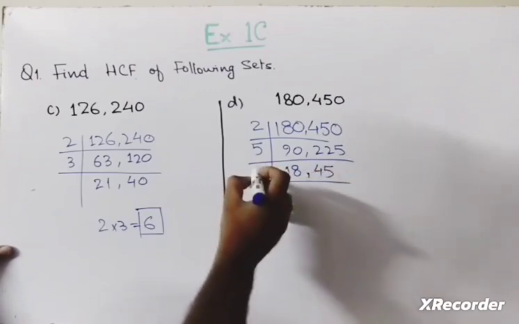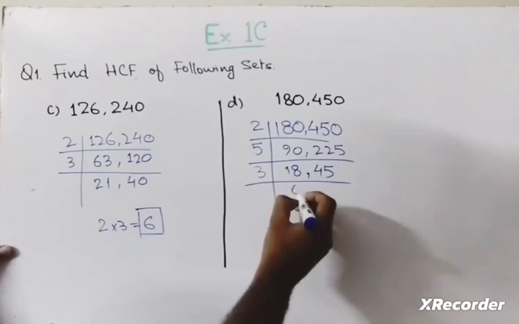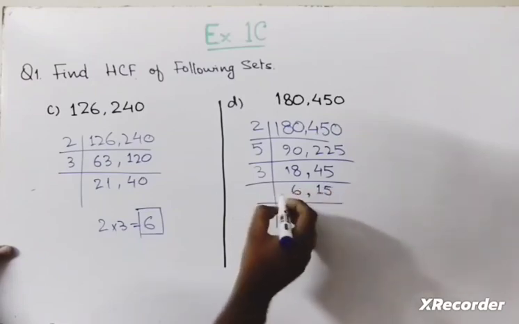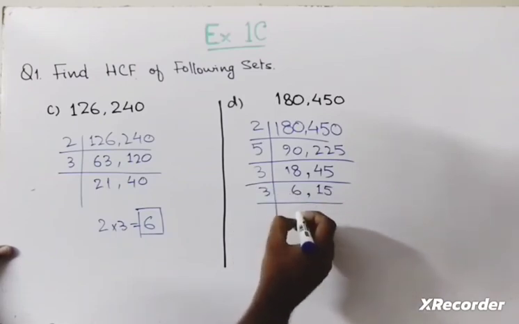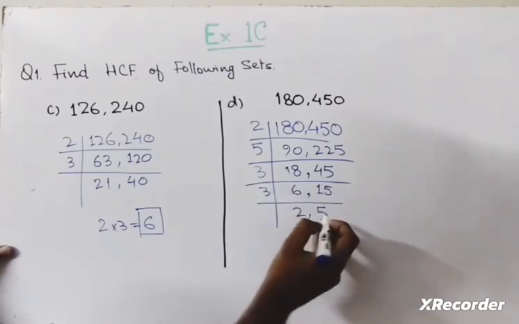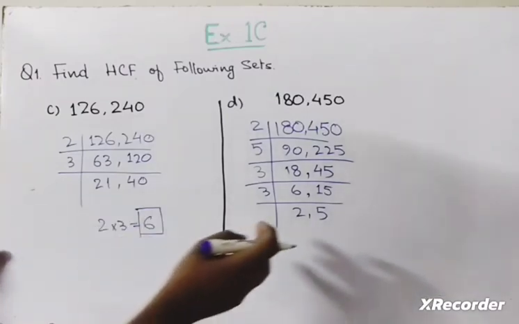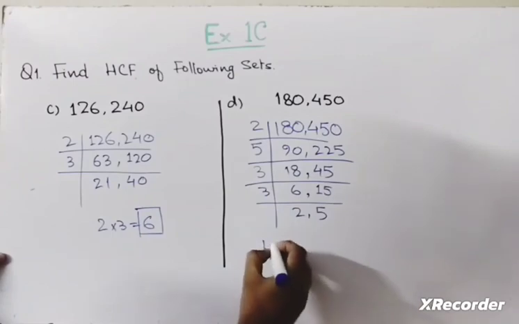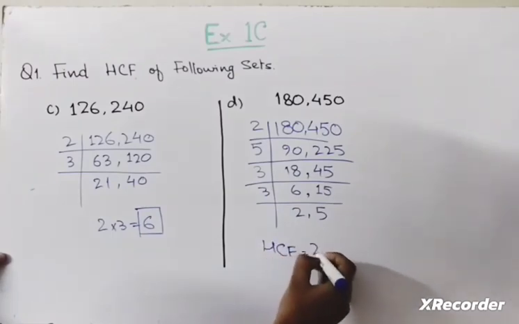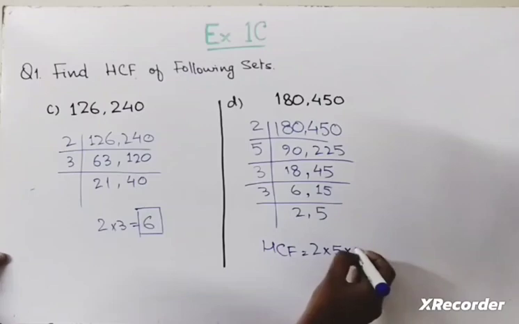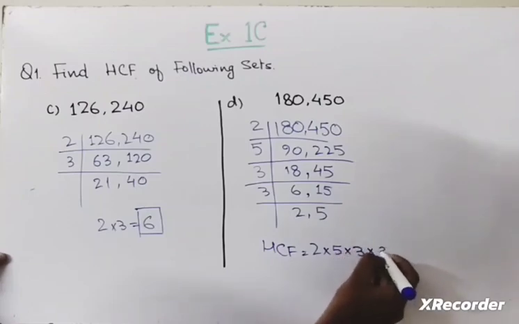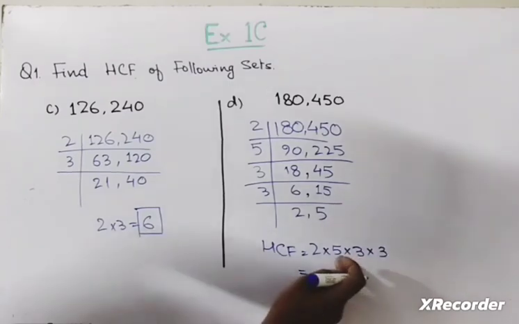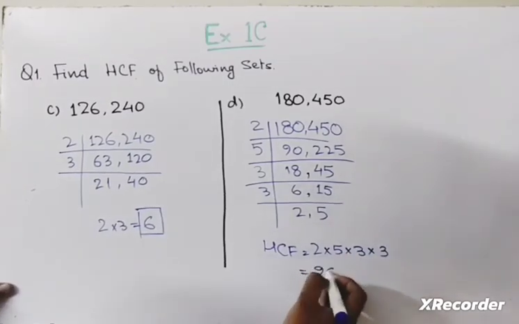Now it can be divided by 3, we get 6, 15. Furthermore, the common factor is 3, we get 2 and 5. At that point no number can divide either 2 or 5, so our answer will be 2 multiplied with 5 multiplied by 3 multiplied by 3, that is 2 times 5 is 10, 10 times 3 is 30, 30 times 3 is 90, so our answer will be 90.